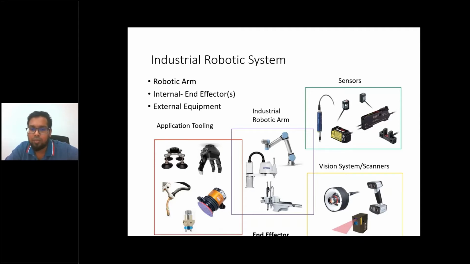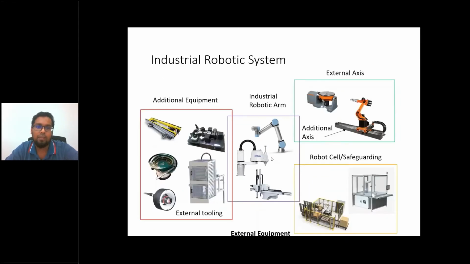We have different sensors: photoelectric, ultrasonic, laser sensors, and maybe LVDTs for accuracy checking. And most robot systems right now are vision guided. Why do we need vision? Because we need autonomous decision making, or maybe we want to align some part using the camera, so the machine vision can detect and then request the robot to act. All these are internal equipment that can be mounted on the robot.